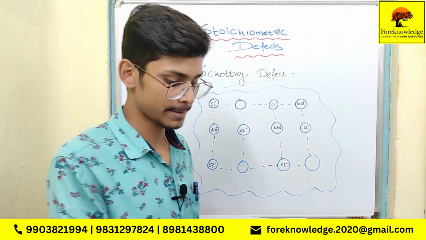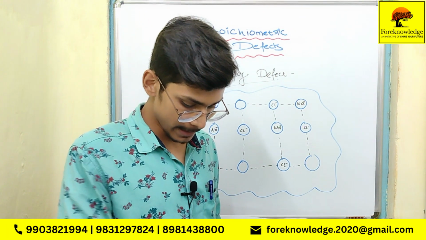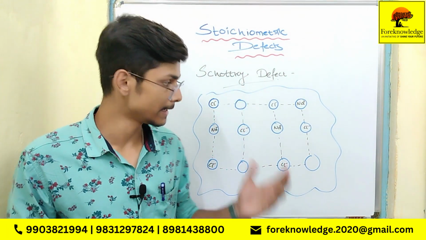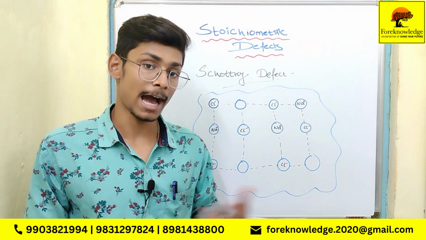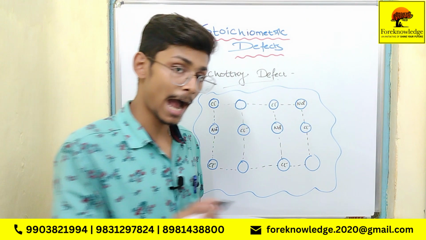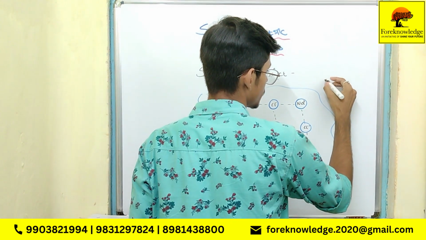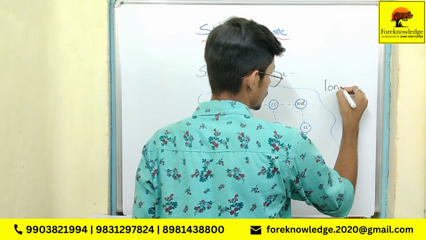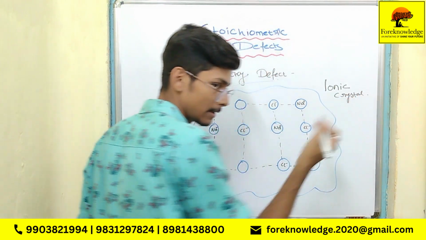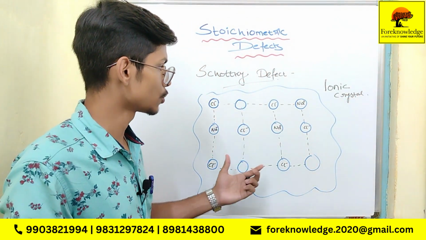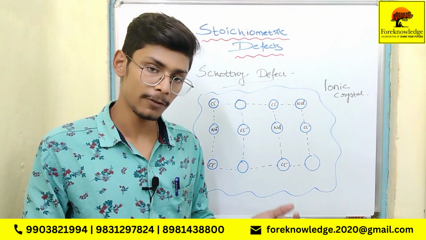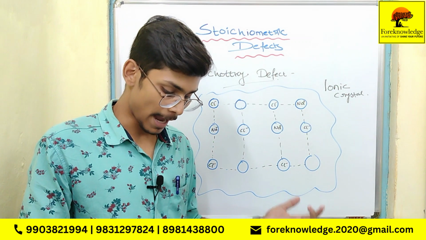Now, what happens in Schottky defect? Basically, this type of defect arises when some of the lattice sites in the crystal get unoccupied. Okay, it is basically shown in ionic crystals, like NaCl, and involves the missing of an equal number of anions and cations.